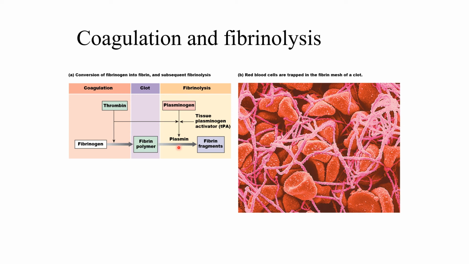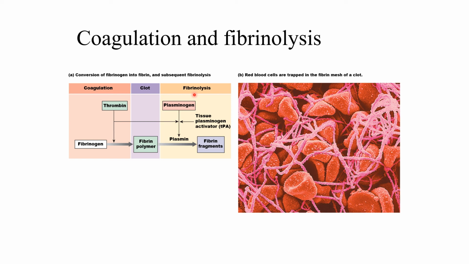Plasmin then breaks down fibrin, and that process is known as fibrinolysis. Again, lysis means to break down, so we are breaking down fibrin. And this is how we break down our clots.